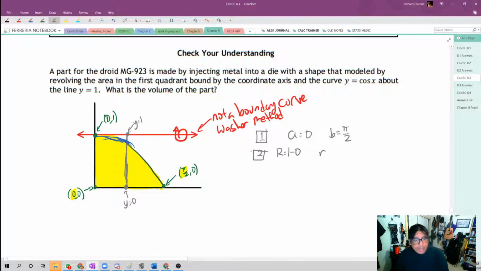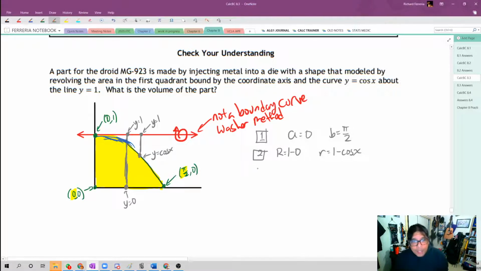Now the little radius is going to be the distance spanning from the axis of rotation to the inside curve, which is basically the radius of the hollow section. So here, the y-coordinate equals 1, and here, the y-coordinate equals cosine x. So the radius is equal to 1 minus cosine x.